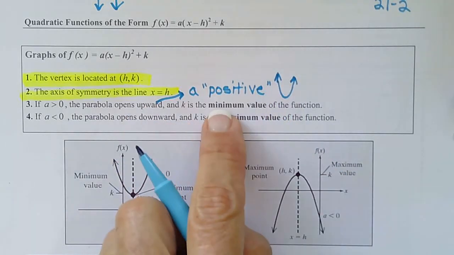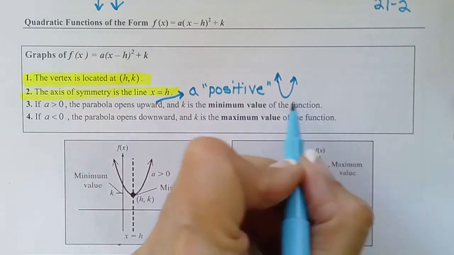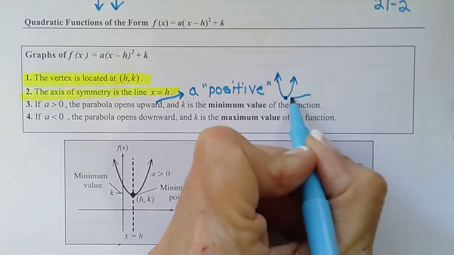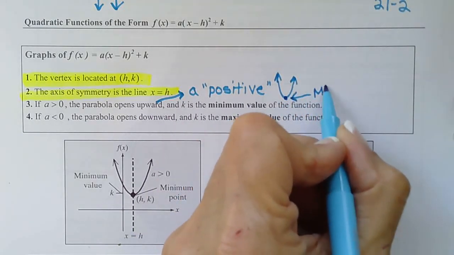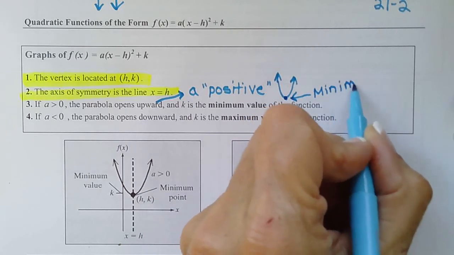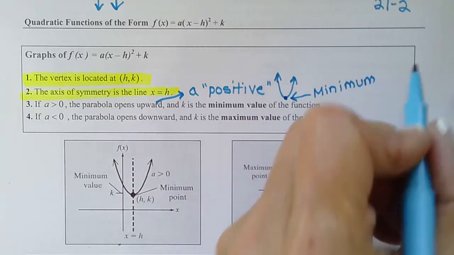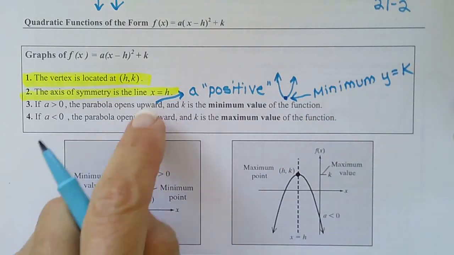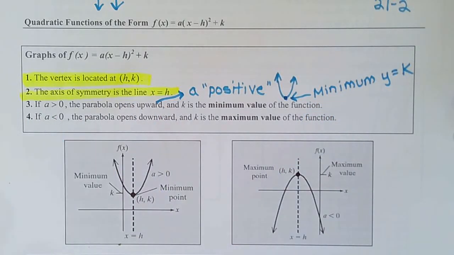And since it opens upward, does everybody agree that the vertex is going to be the lowest point on the graph? So we call that a minimum at y equals whatever y is in the vertex, k.